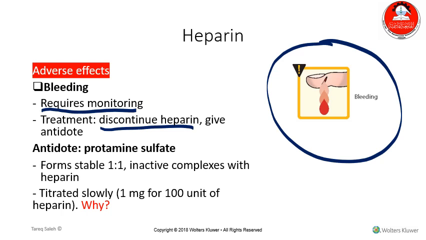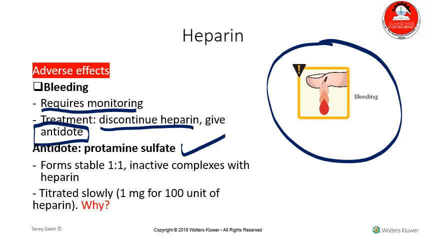And if the bleeding was severe enough, you will need to use heparin antidote. The heparin antidote is a drug called protamine sulfate. It is very important to remember this drug because it is very useful and important for the treatment of emergencies caused by bleeding resulting from heparin use.